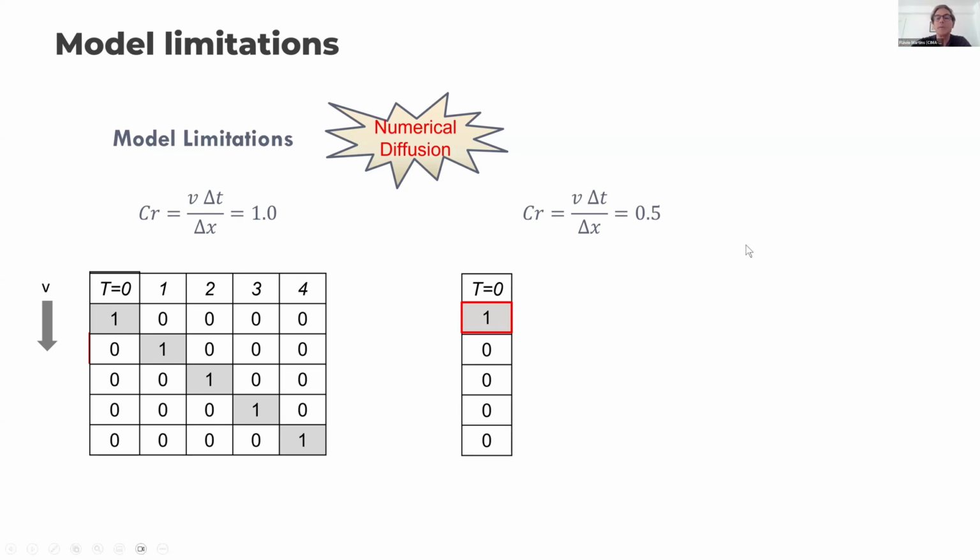If the Courant is 0.5, in 1 delta t, the fluid will only move half a cell, right? So it will move from here to here, half a cell. But there are no half cells. You remember when I told you, when we discretize, it's not just putting a grid over a continuous space.